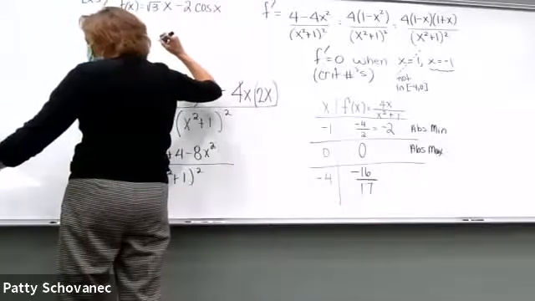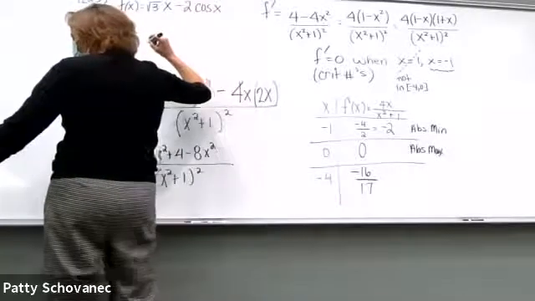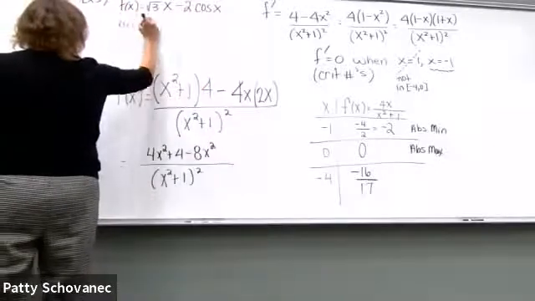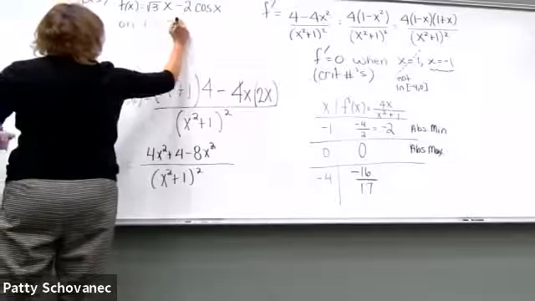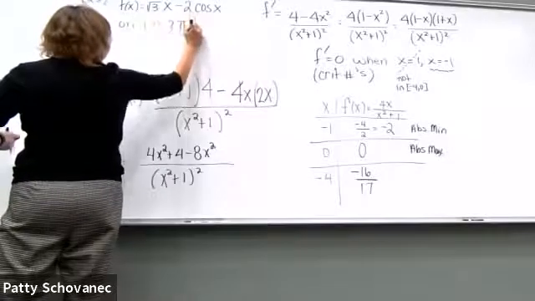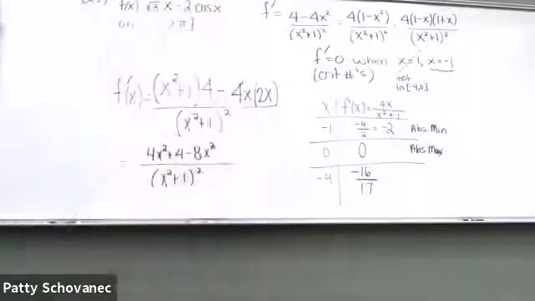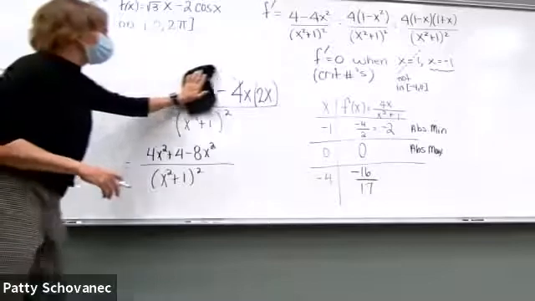And how about we're looking for the interval from 0 to 2 pi. And we know that this function's going to have an absolute max and an absolute min.